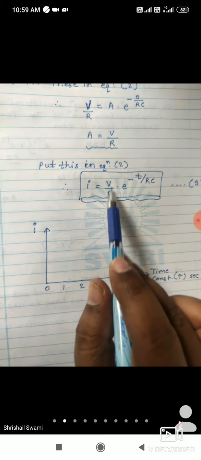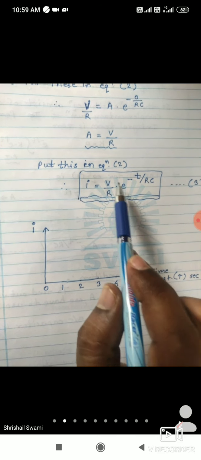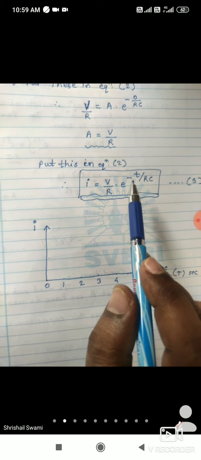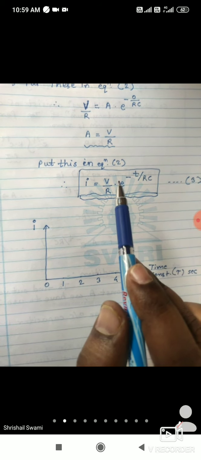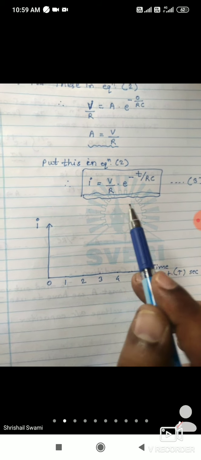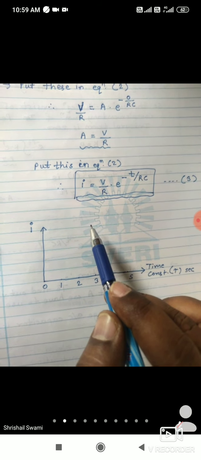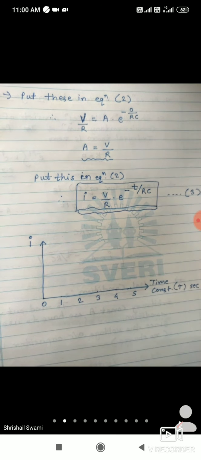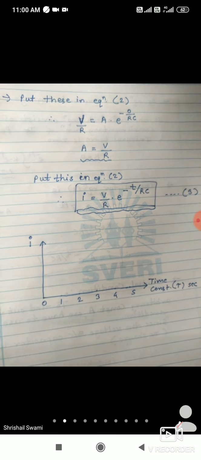Okay, here it is called a transient response, and this V by R is called the steady state response. To convert the transient response into steady state response, there will be two steady state responses, one is 0 and another is V by R. Okay, so how much time it will take? What is the time constant for RC circuit?